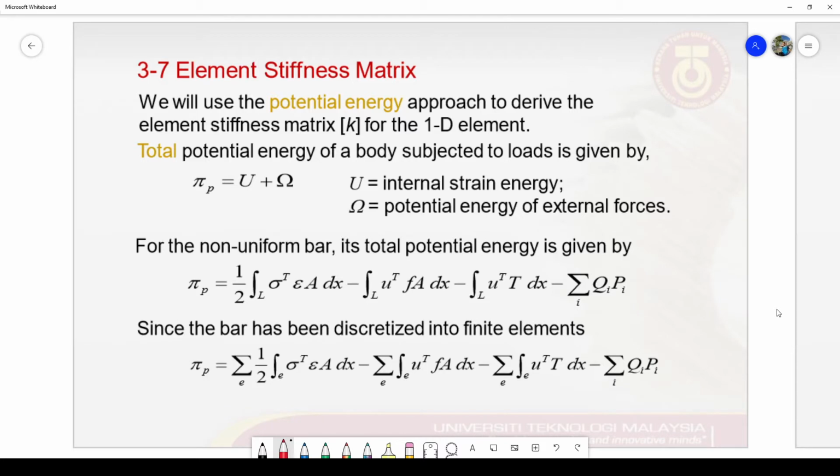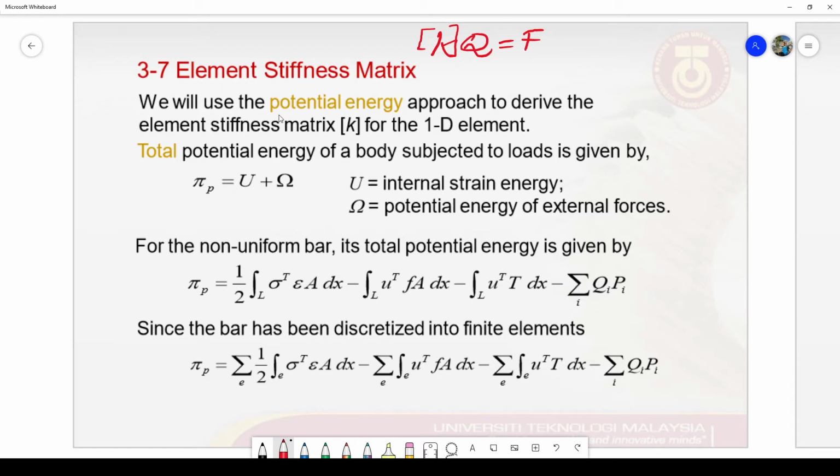Alright, next let's look at the element stiffness matrix. In this slide, we will look at what information is contained in the K matrix, and also how we can derive this K matrix, or the element stiffness matrix as we call it as well.